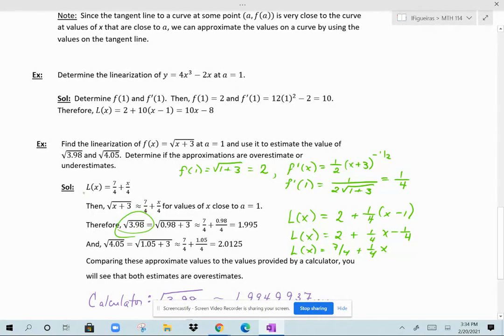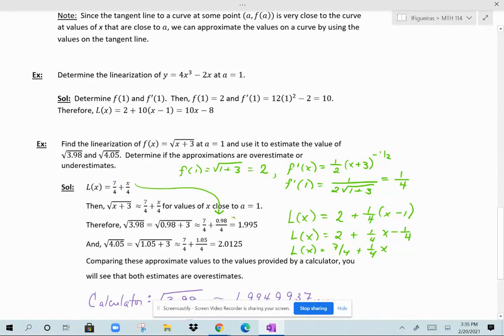So if I wanted to evaluate what is the square root of 3.98 by using my line function, that means I have to rewrite the 3.98 in terms of my original function. Remember, it's originally x plus 3. So therefore, my x value has to be 0.98. 0.98 plus 3 is 3.98. And now we know that that value is approximately equal to my line. So I plug in 0.98 into my variable.